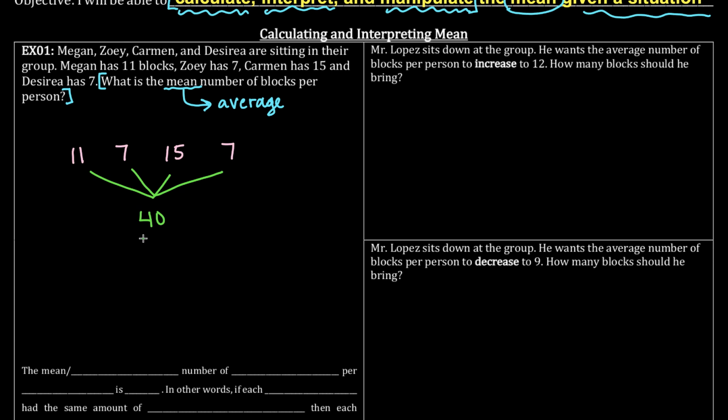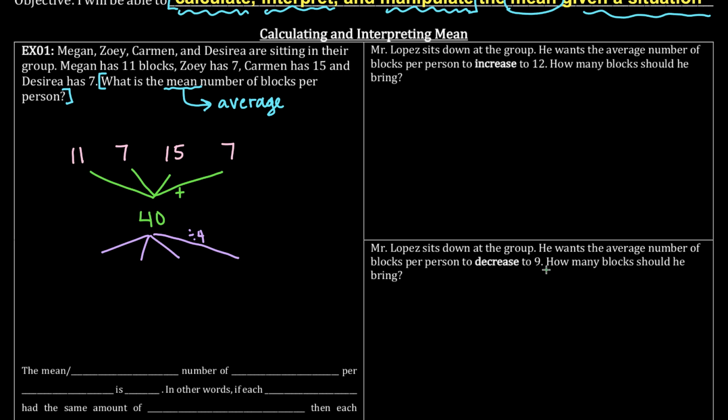Now, if we split them back out to each person, we divide by 4, right? We add them together, and we get 40.